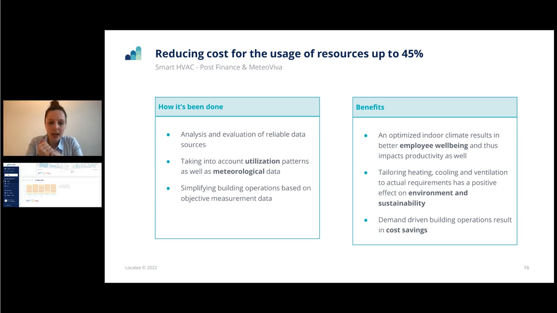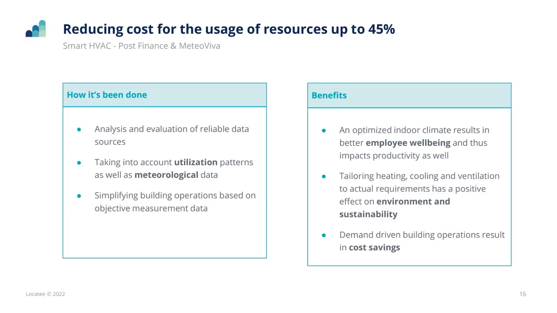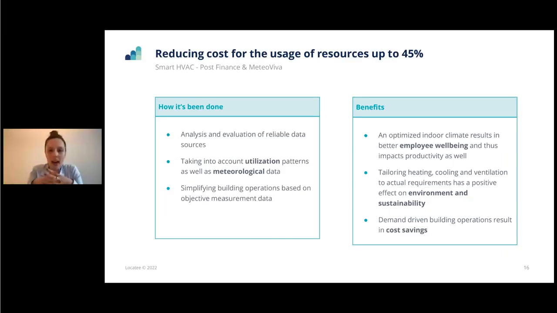What we are doing here together with Meteoviva is using the utilization patterns to analyze the trends, and then those information and data sources are leveraged together with meteorological data, with data when exactly the building is occupied and when not, and then together the heating and the cooling can be planned.